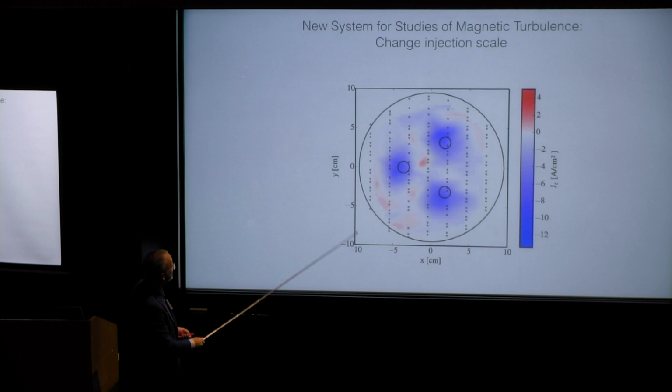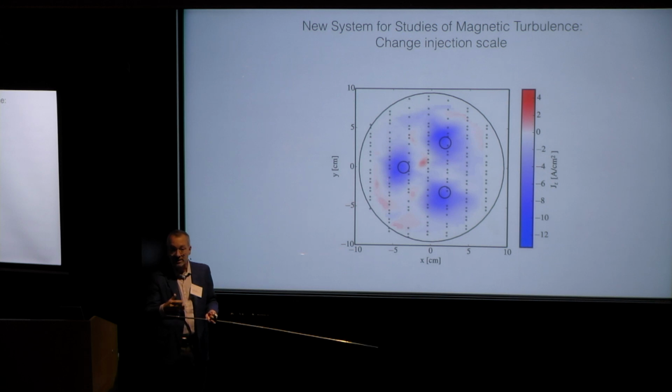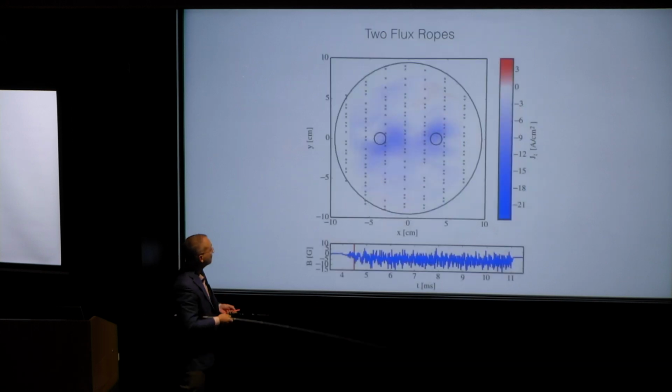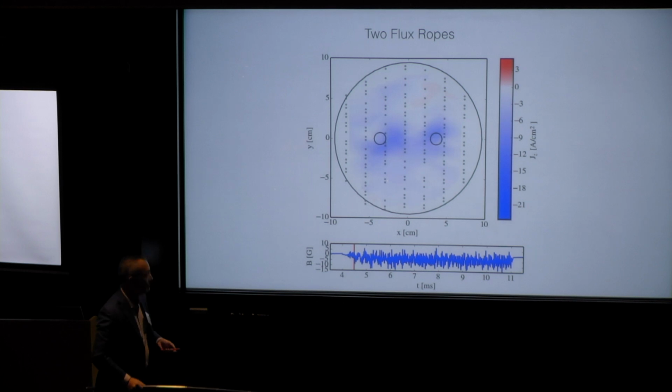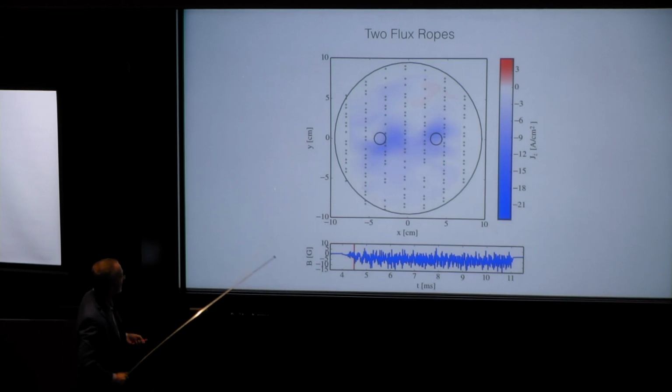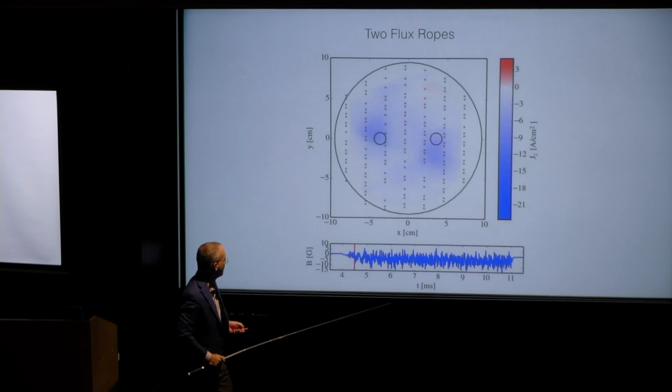So you can think about this as injecting magnetic energy into the system by controlling the spectrum of the current from one end of the machine. And I'll show you two movies that show two different injections, if you will. So this is a system where we turned on current in two loops and we just let them interact.